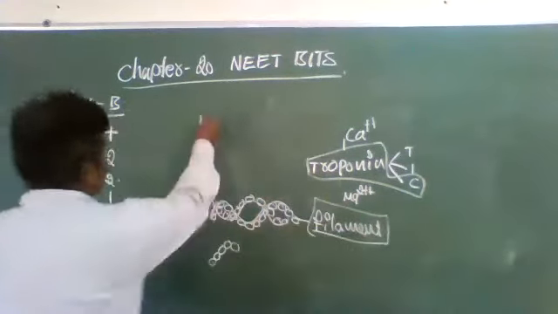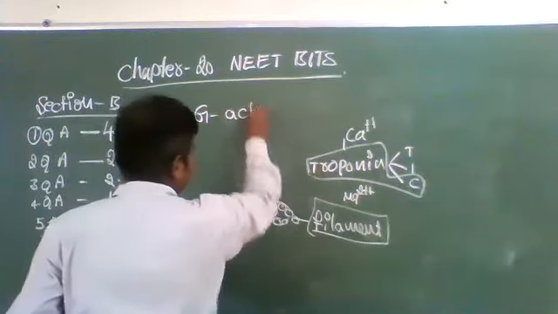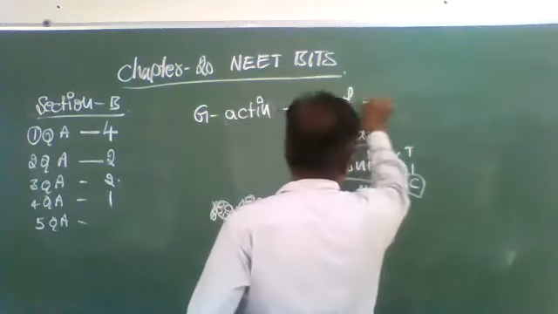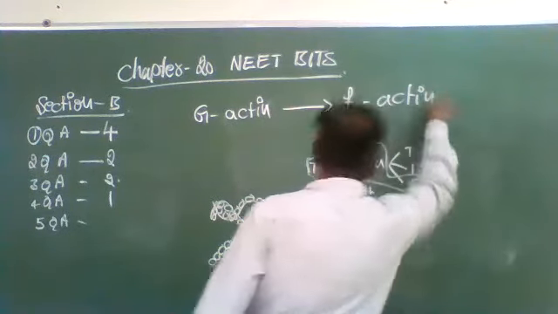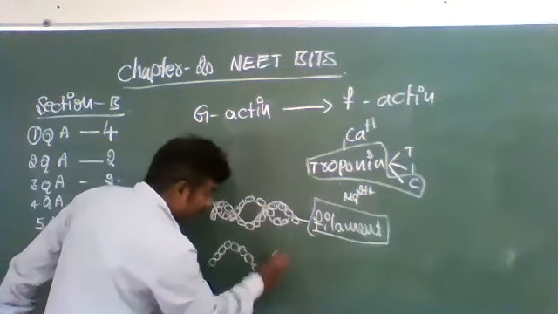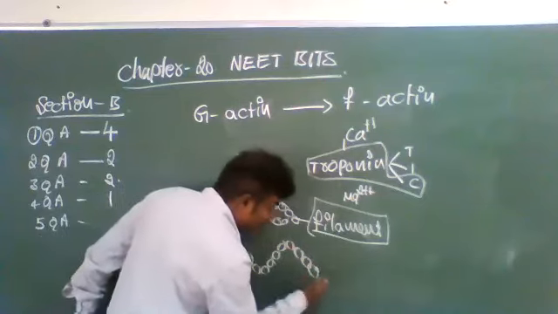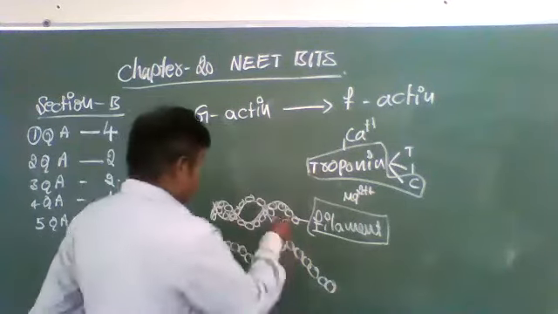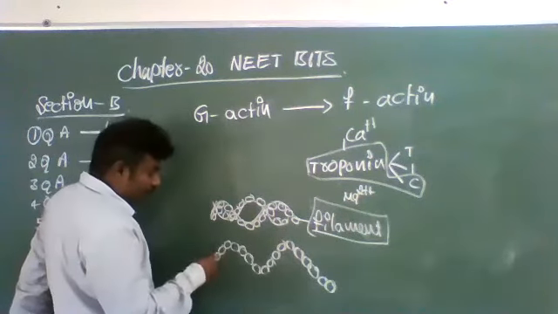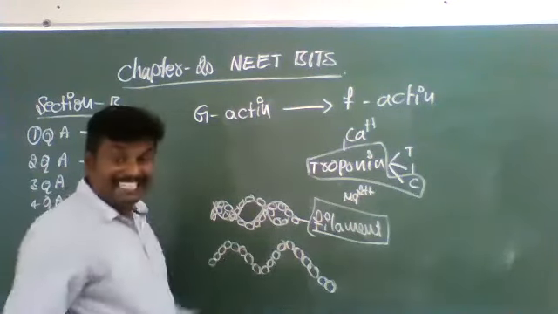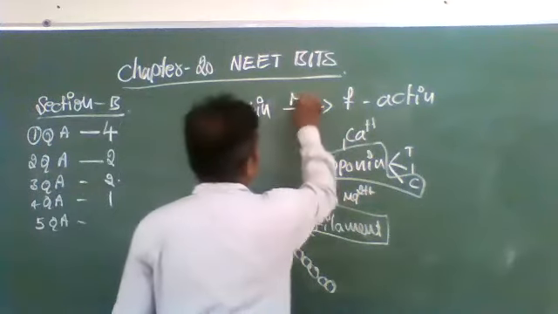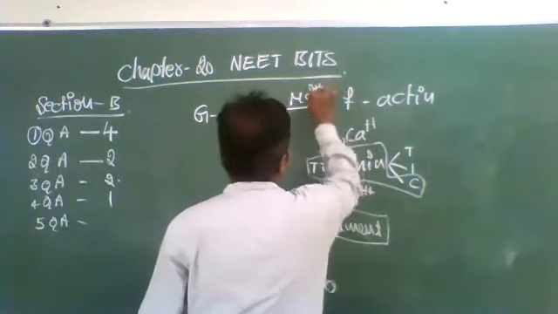So here G globular actin is converted into filamentous actin. Individual globular actins all assemble and form a long thread-like structure called a filament in the presence of magnesium ions.